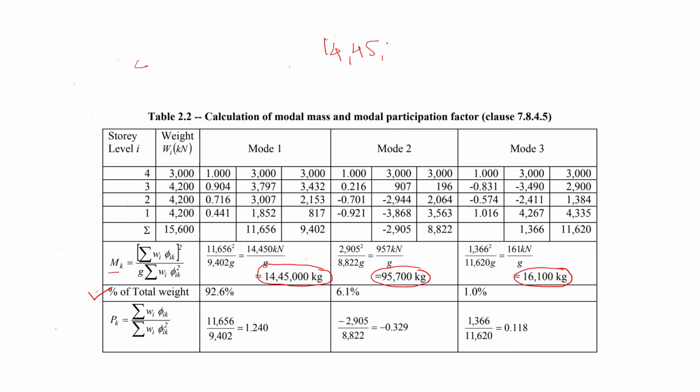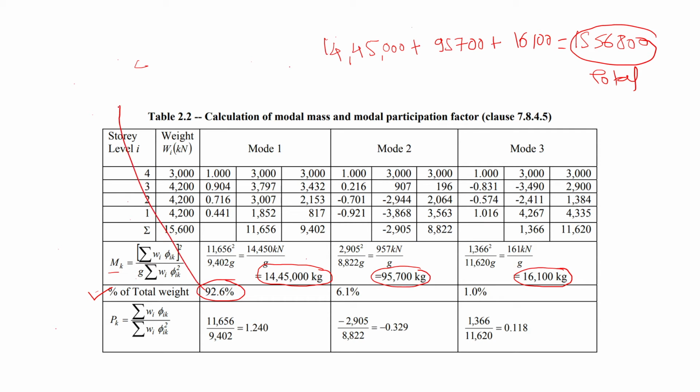14,45,123 zeros plus 95700 plus 1600. So if you do this calculation, you will get the answer 1556,800 as a grand total. Now you have to take the percentage here.